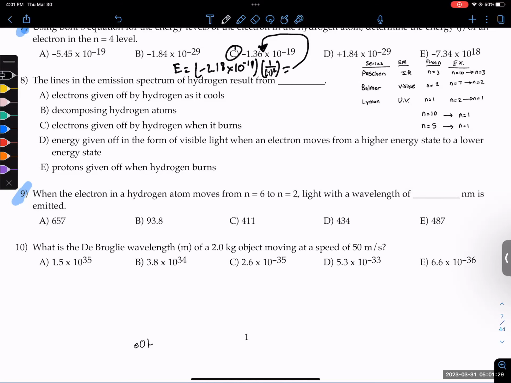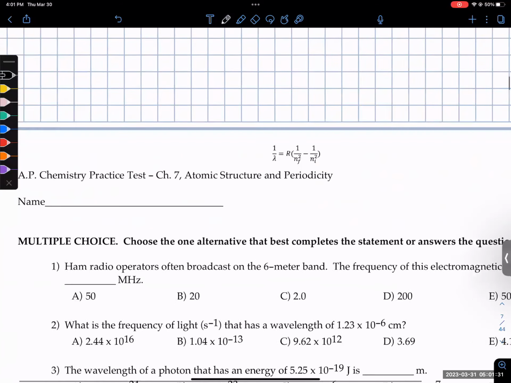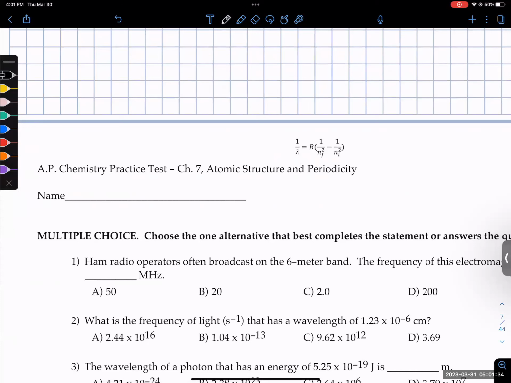Everyone, you can type in AP Chemistry Practice Test, Chapter 7, Atomic Structure and Periodicity into your internet browser of choice. Something will come up as a PDF, and you can do all these problems again. There are even more questions, so as you learn more about the stuff we're teaching for this next exam, you can go through the questions like, oh, I saw question 27, but I didn't know how to do it then, so I just learned how to do that in class, so let me go try question 27 again.